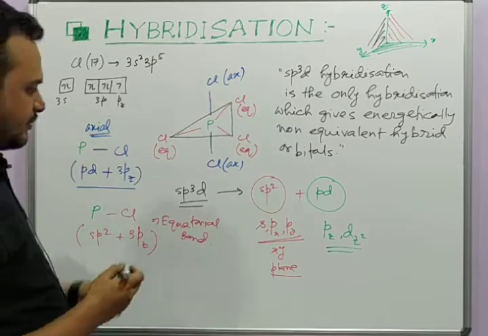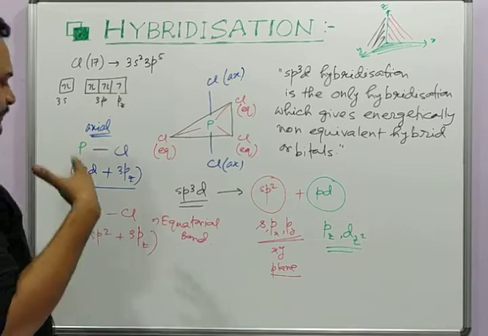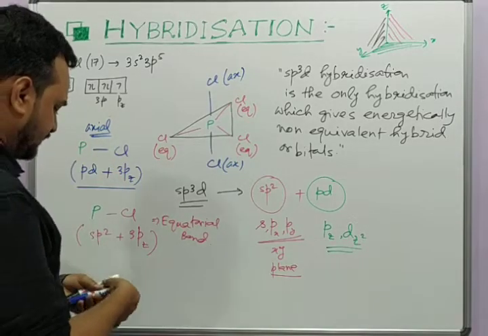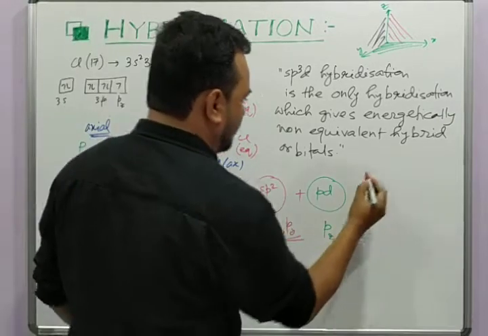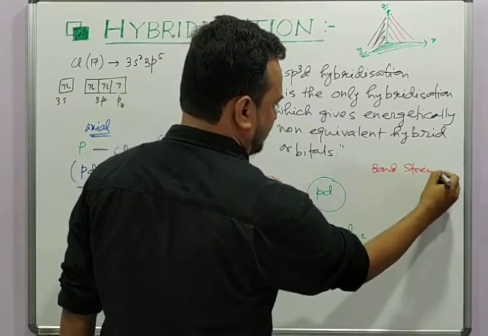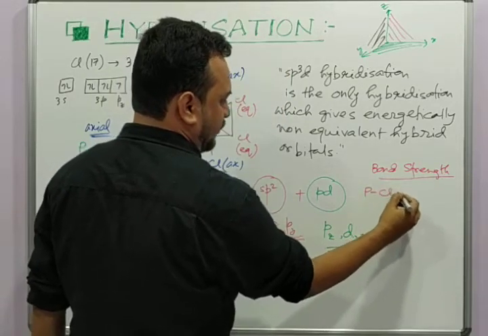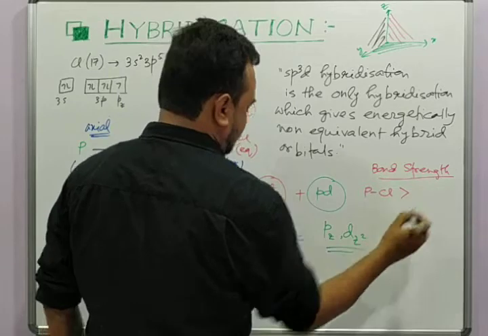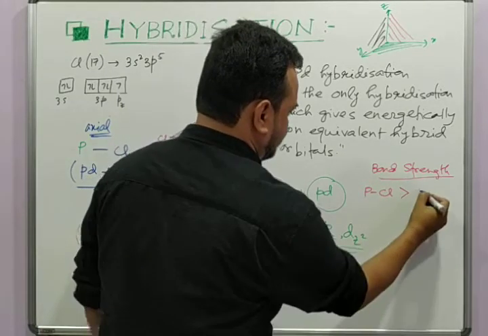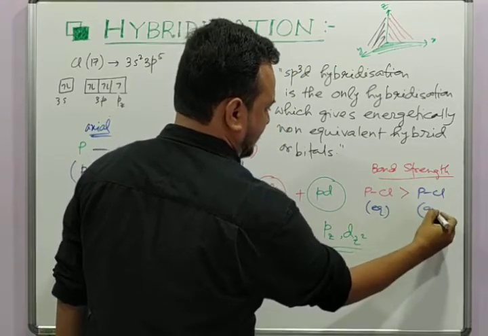Now the extent of overlap with the 3pz of chlorine is better with sp2 compared to pd, and that's why if you compare the bond strength, the equatorial PCl bond is stronger than the axial PCl bond. Okay, this is the equatorial and this is the axial.